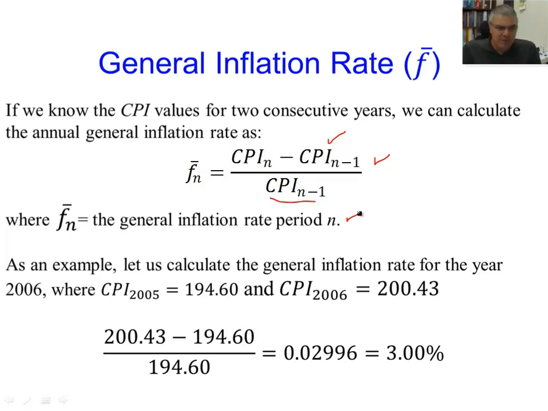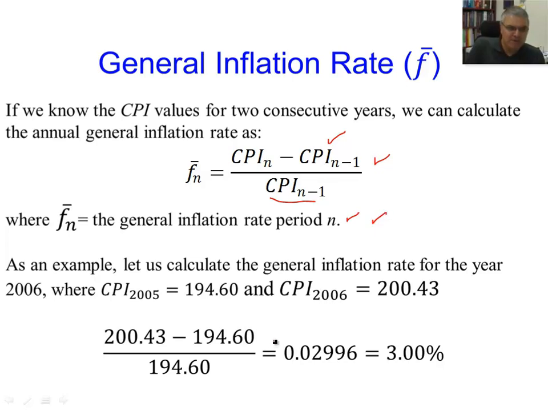As an example, let's calculate the general inflation rate for the year 2006, knowing that the CPI of 2005 is 194.60 and the CPI of 2006 was 200.43, meaning that the same purchasing power that we had back in 2005 with $194.6, we can now have by spending $200.43 on average. We do the calculation using this formula that I just mentioned.